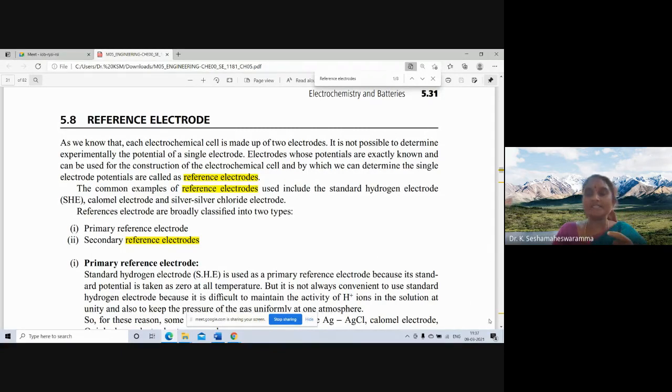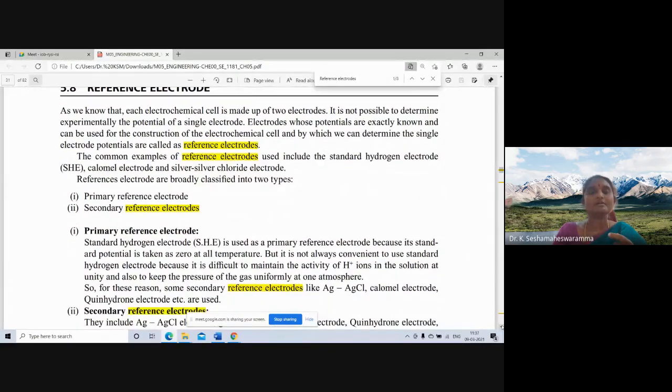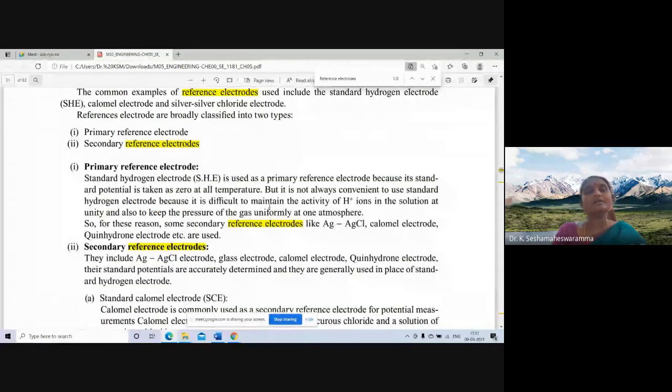The standard hydrogen electrode is used as a primary reference electrode because its standard potential is taken as 0 at all temperatures, whether lower or higher.